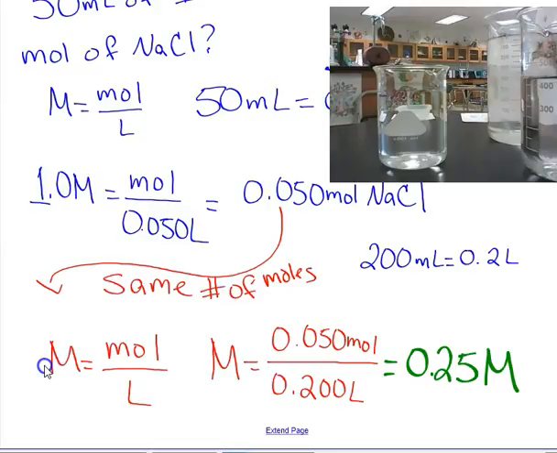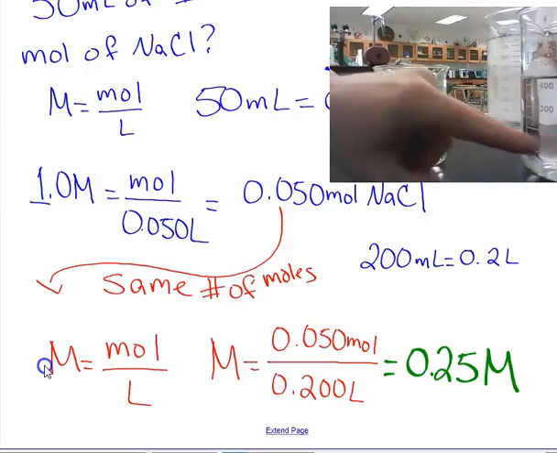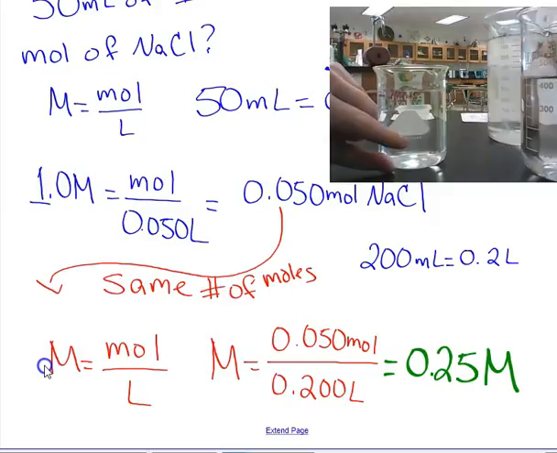We have a nifty little equation for this, where we say that the moles of the initial solution and the number of moles that are transferred are equal to each other. By cross-multiplying this molarity equation for moles, you can say that moles is equal to the molarity times the volume of that solution, which we saw here when we cross-multiplied to find the number of moles.